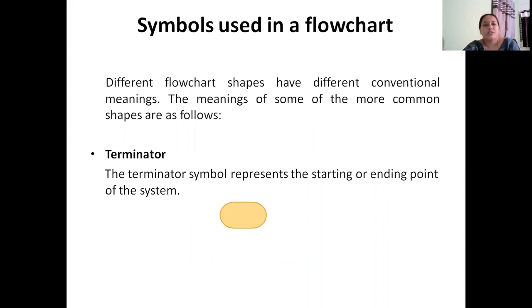Conventionally, the flowchart uses some well-defined shapes to indicate different purposes. Let us see them one by one. The first symbol which we use in a flowchart is the terminator symbol. This is basically the oval shape. In the oval shape, we can write start or end, start or stop, to indicate the starting and ending point of the solution to the problem.